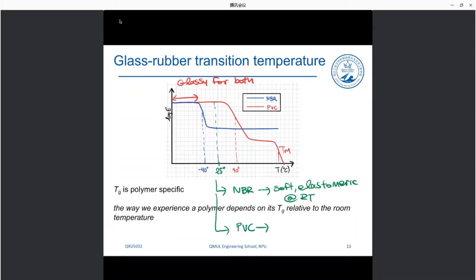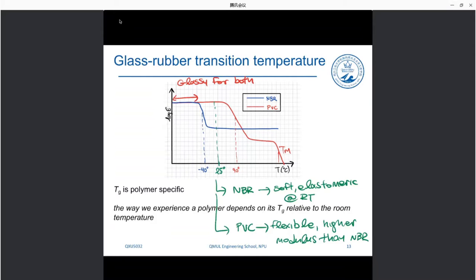It can be flexible, but of course not overly flexible. Let's say flexible, higher modulus than NBR.